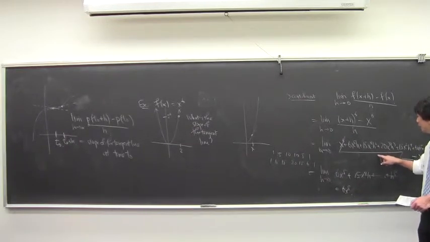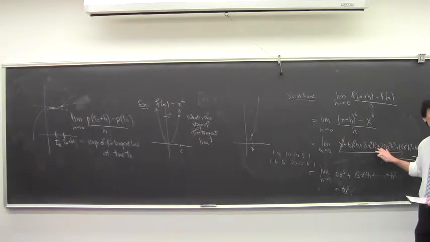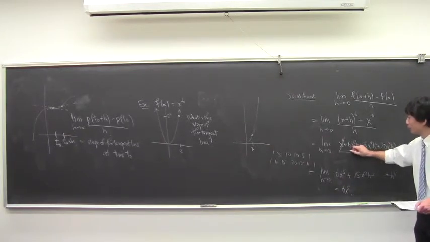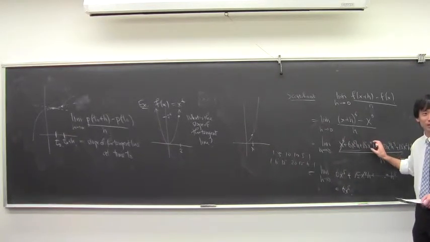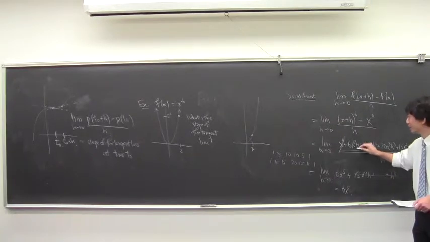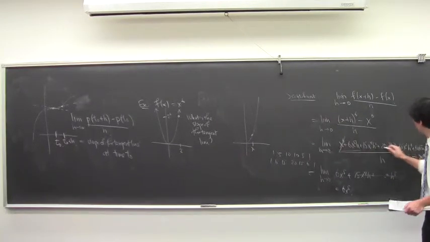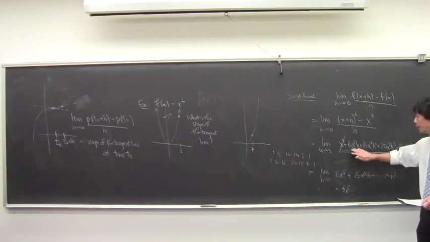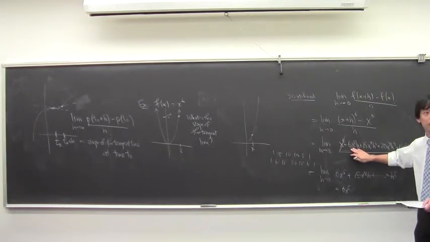When I divide by h at the end, these guys are all going to have powers of h, and so when h goes to 0, it's all going to vanish. So if you're smart, you stop here and say, and some other terms that are going to vanish. And then the x to the 6 and the x to the 6 cancel off, and you get left with this thing.